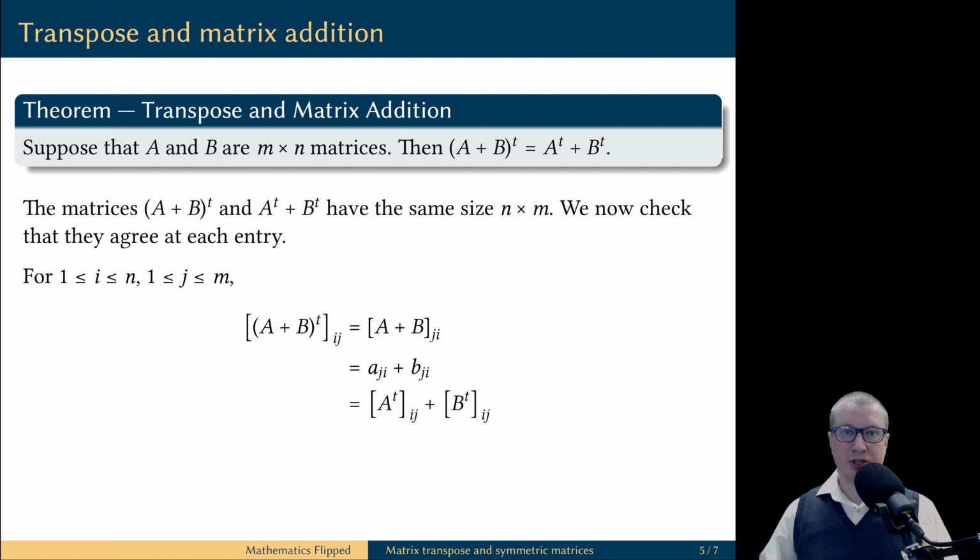The entry in position ji of the matrix A is equal to the entry in position ij of A transpose, and the entry in position ji of the matrix B is equal to the entry in position ij of the matrix B transpose. The last step is to use the definition of the addition of matrices. But now we have proved that two matrices have identical entries and therefore they are equal as matrices.